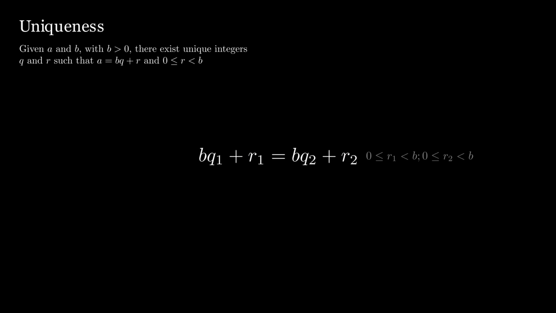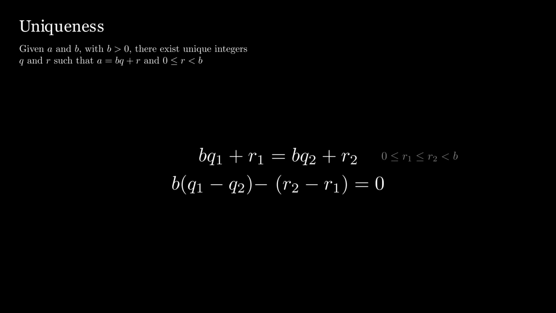So let's assume that r2 is greater than or equal to r1. Then our former equation implies that, since b is greater than 0 and we are assuming that r2 is greater than or equal to r1, we know that q1 minus q2 is a non-negative integer.